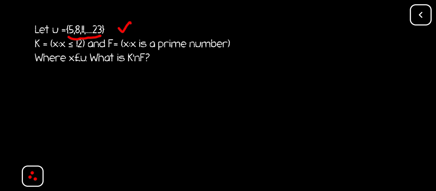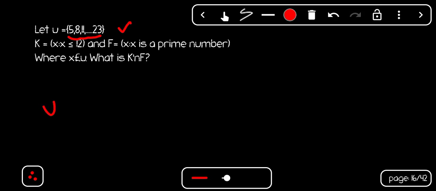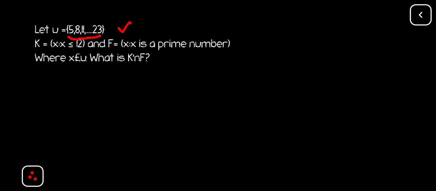Find the sequence and try to fill it up. That's what they want you to do. So we're going to start with that before we read the entire question. We need to know exactly what the universal set is. So U is 5, 8, 11, dot dot dot, 23.